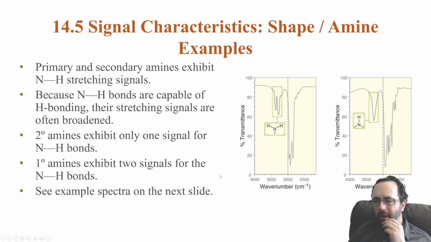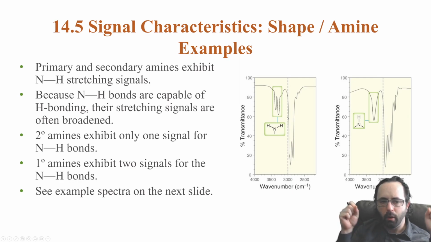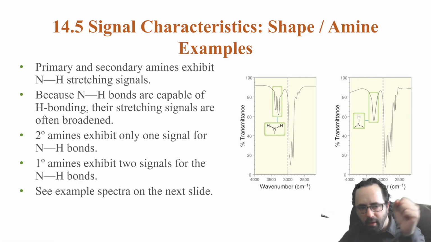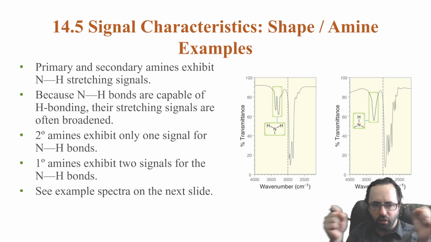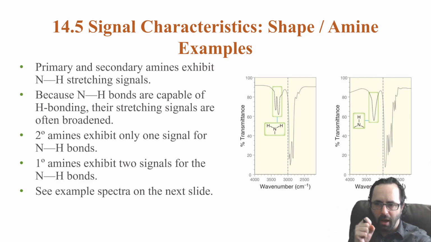When it comes to amines, amines have two different types of environments, whether they're a primary amine, which has 2 hydrogen atoms and 1 carbon atom attached, or a secondary amine, which has 2 carbon atoms and 1 hydrogen atom attached. In the primary amine, you've got 2 stretching modes that are possible: the one where the nitrogens stretch in phase, and the other one where they stretch out of phase.